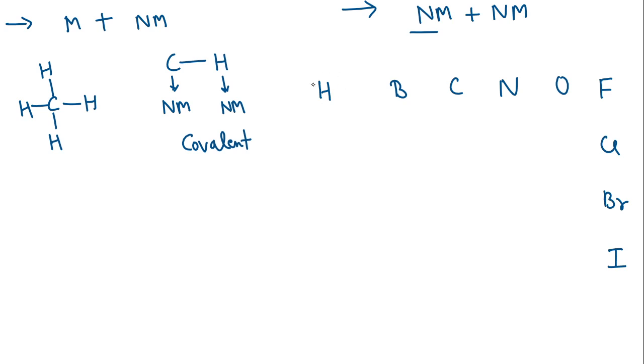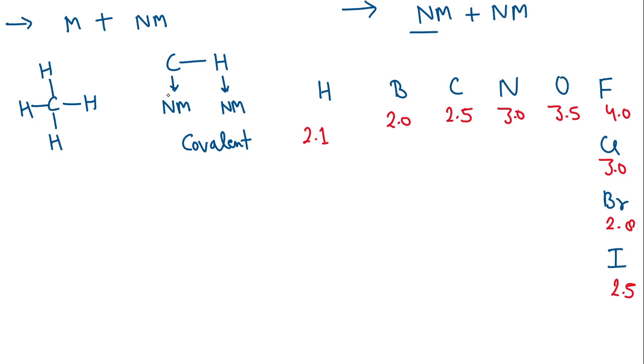The En value for hydrogen is 2.1 and for boron is 2.0, for carbon 2.5, for nitrogen 3.0, and En value for oxygen is 3.5, for fluorine 4.0, for chlorine 3.0, for bromine 2.8 and for iodine 2.5. So fluorine is the most electronegative element.